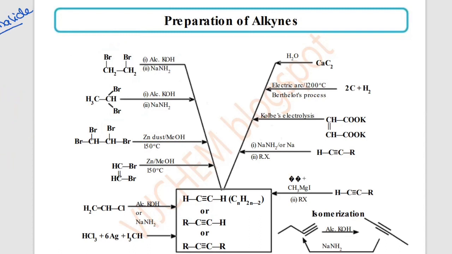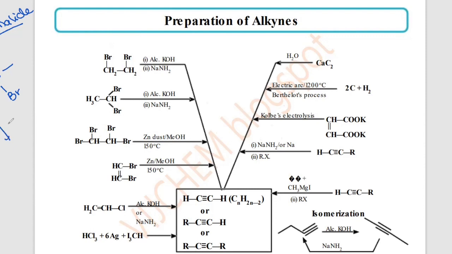They must be on adjacent carbons, and it should already be an alkene. So let us take a C double bond C, and here 2 halogens are a must. Both halogens must be adjacent.